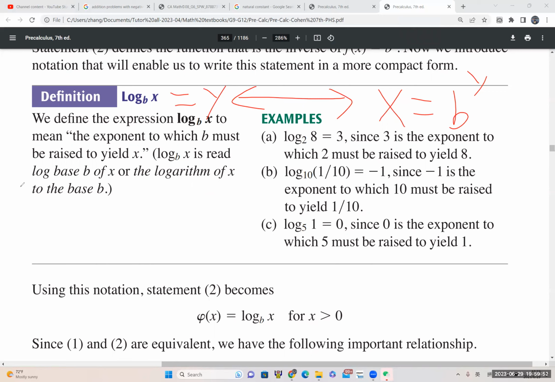This is read as log base b of x, or logarithm of x to the base b. I would like to use log base b of x. Don't worry, you will become more and more familiar with it.